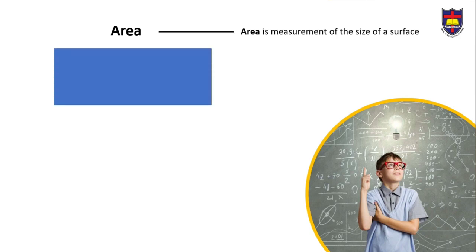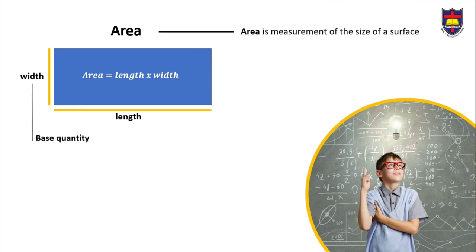If I talk about area, you know that area is a measurement of the size of a surface. You calculate it by multiplying the length by the width. But from this example, my question is, is width a base quantity or a derived quantity? What do you think? Yes, that's correct. It's a base quantity, because width actually is a measure of length, and length is a base quantity.